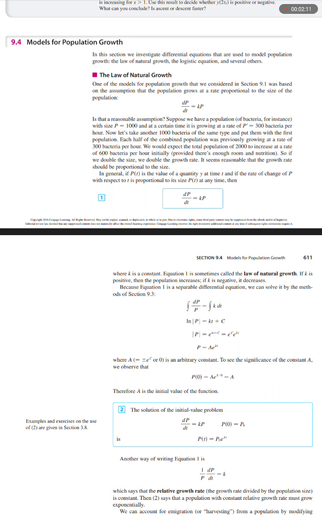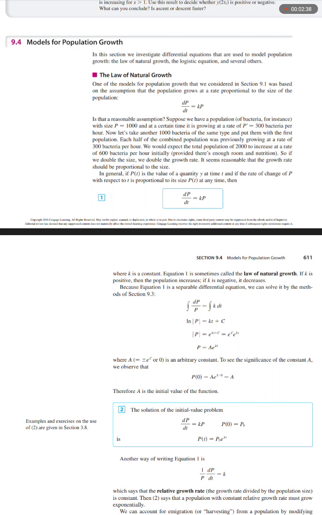Equation 1, where k is a constant. Equation 1 is sometimes called the law of natural growth. If k is positive, then the population increases. If k is negative, it decreases. Because equation 1 is a separable differential equation, we can solve it by the methods of section 9.3.